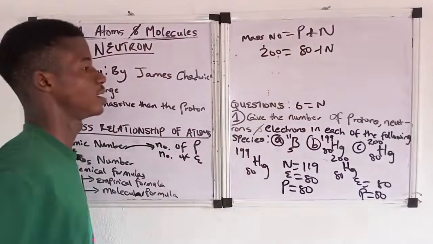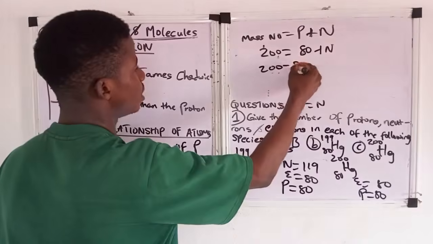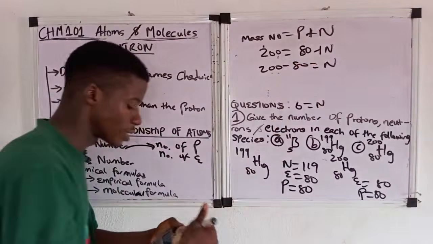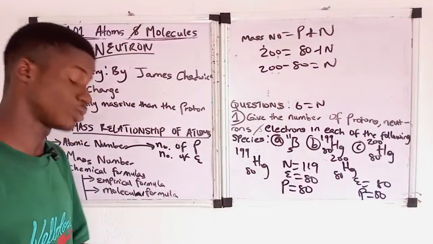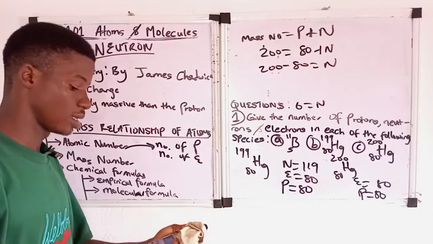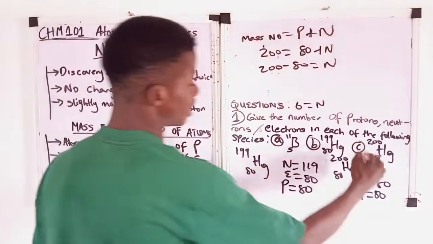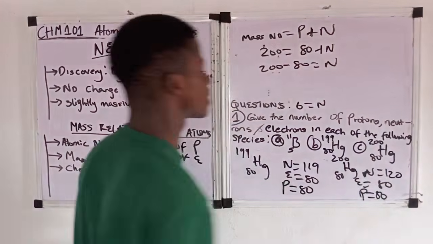So make n stand alone: 200 minus 80 will give us the number of neutrons, that is 120. So the neutron number here is 120.